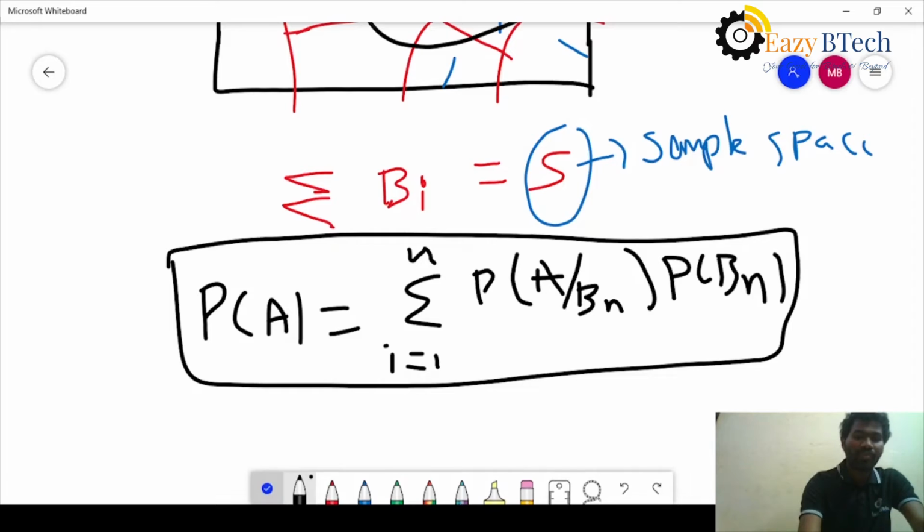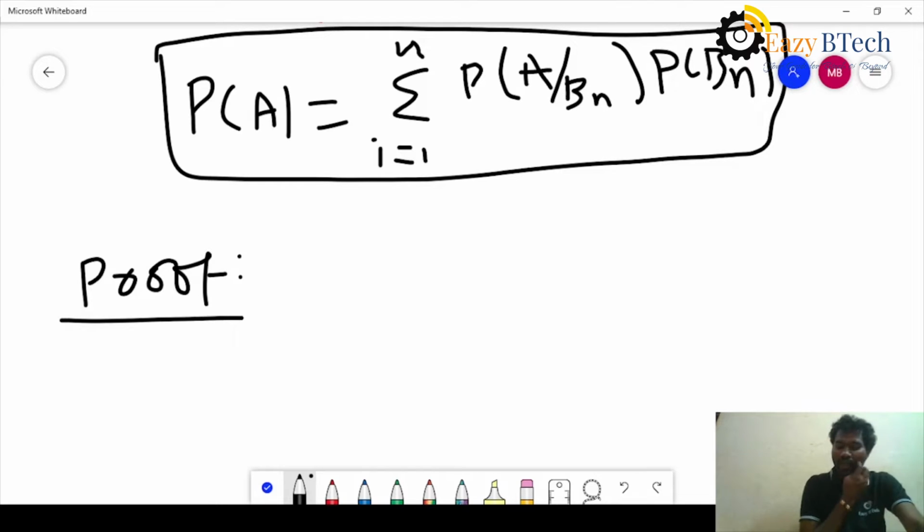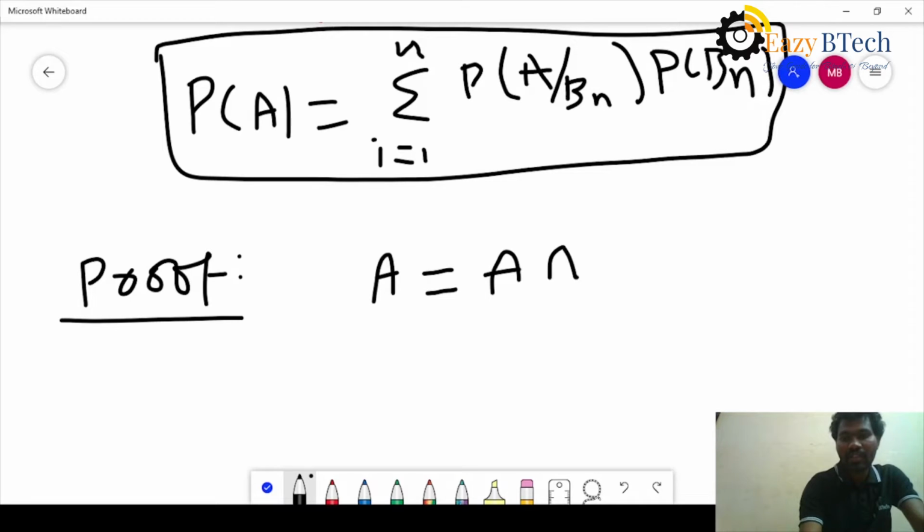So now, proof. I will write A equal to A intersection S, where S is the sample space and A is my event.